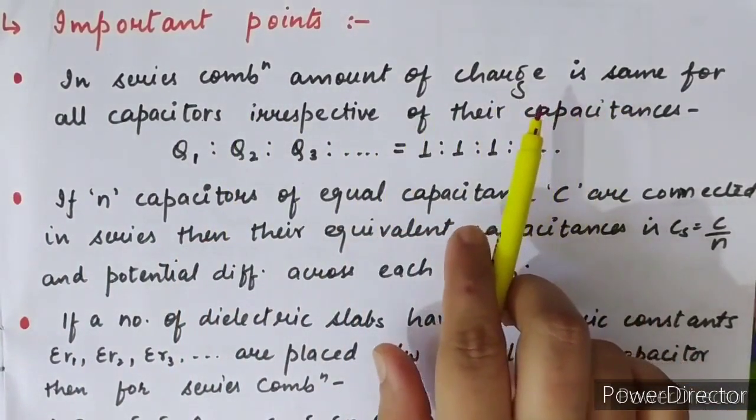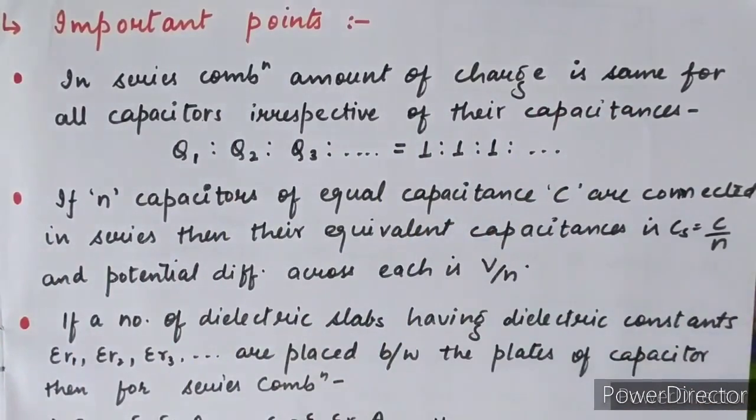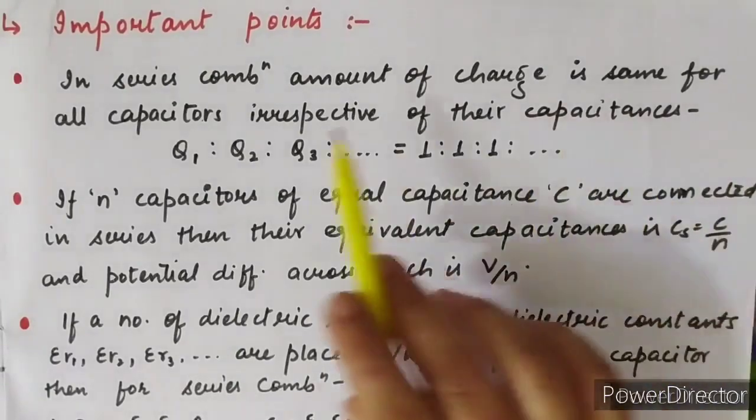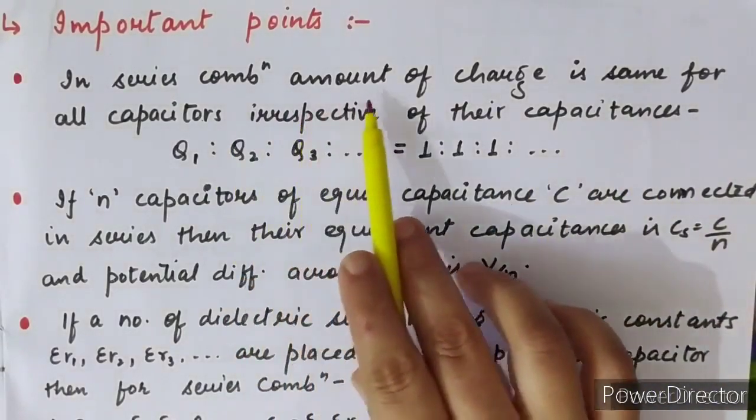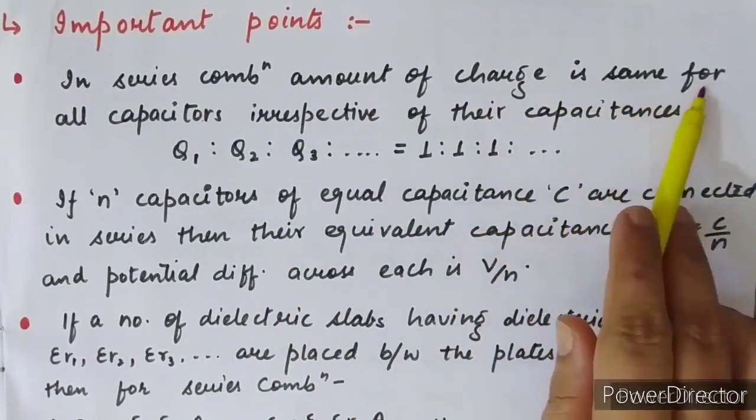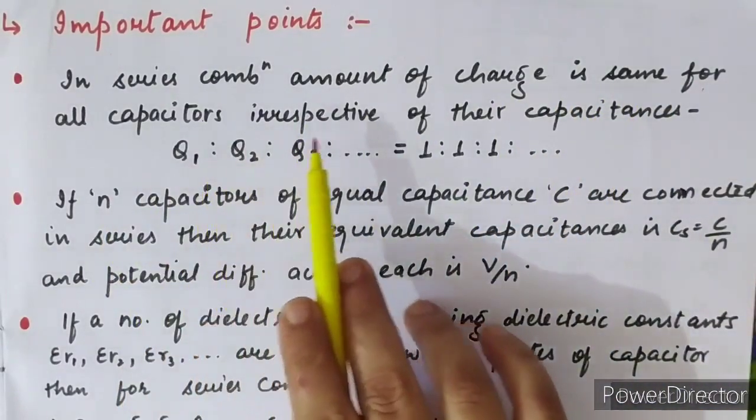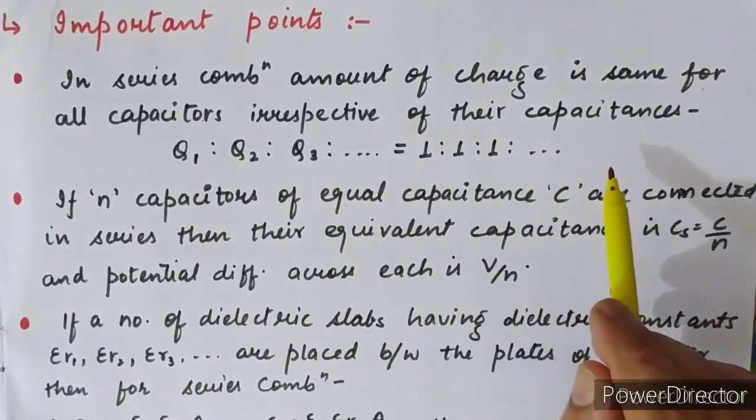This we all know, as we just started the series combination. I had told you the first thing is that the charge will be the same in all the capacitors in series combination, and capacitance and potential difference are different for each and every capacitor. So in the series combination the amount of charge is the same for all capacitors irrespective of their capacitances.